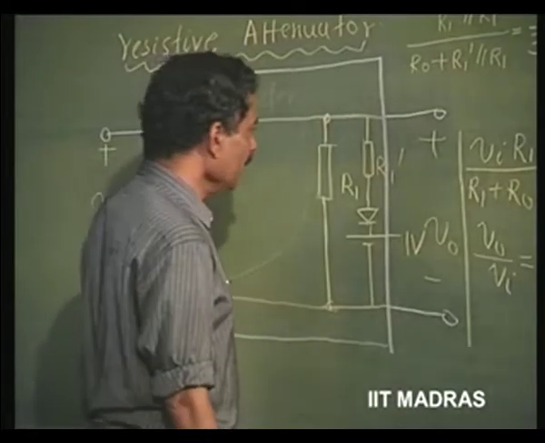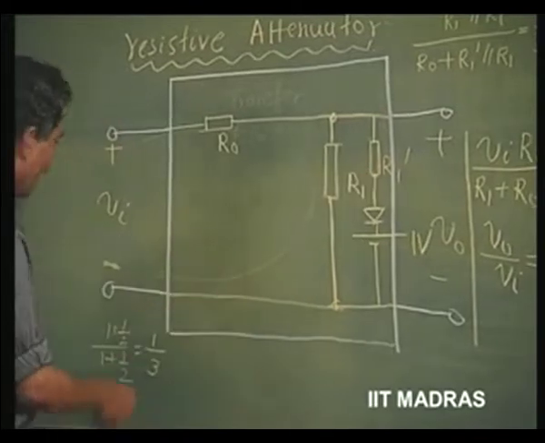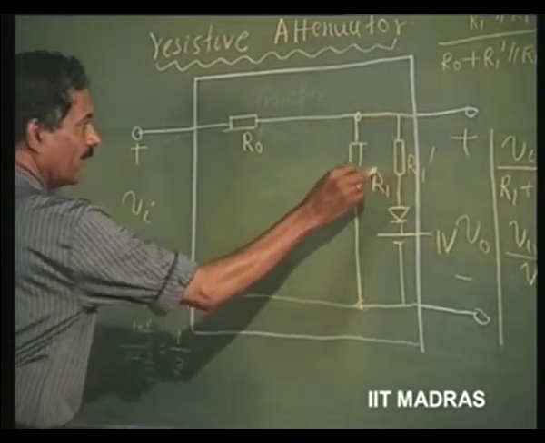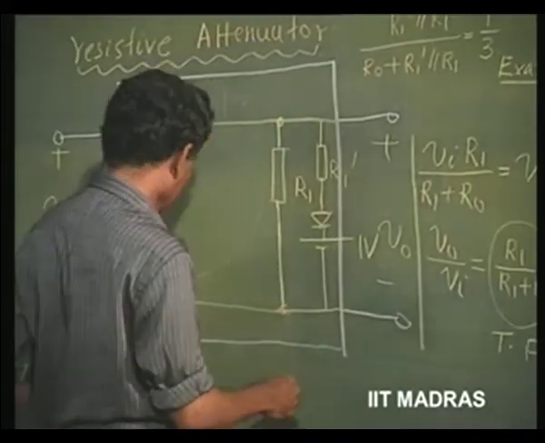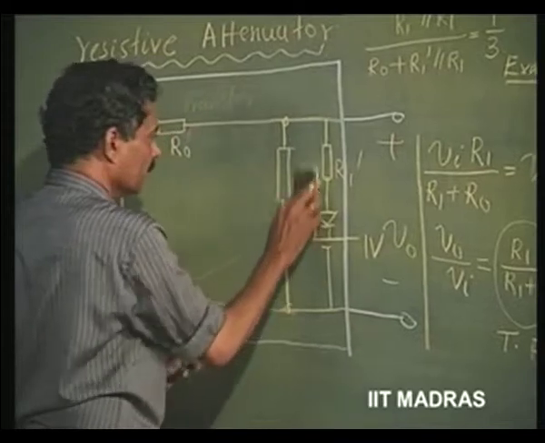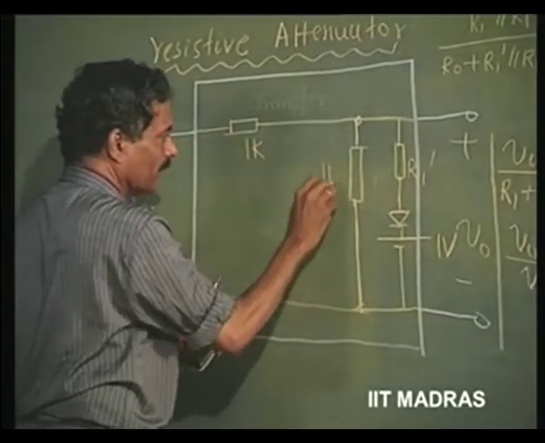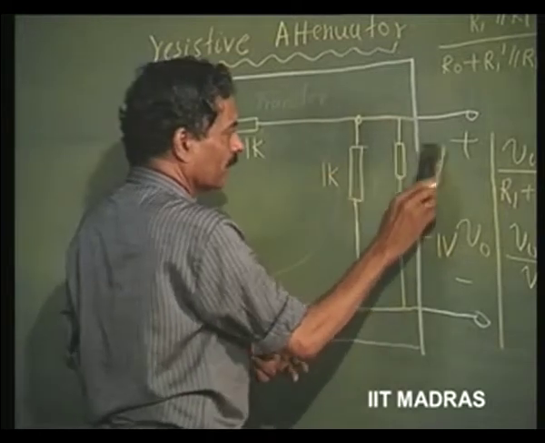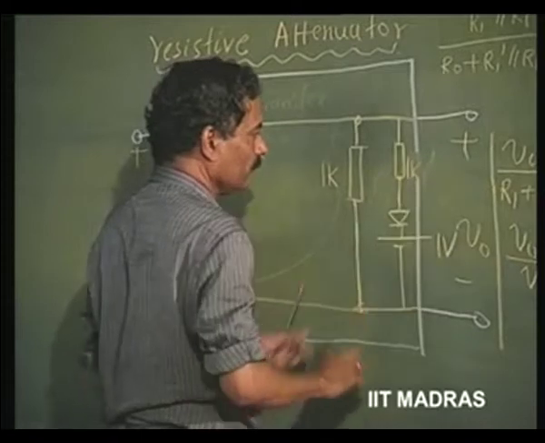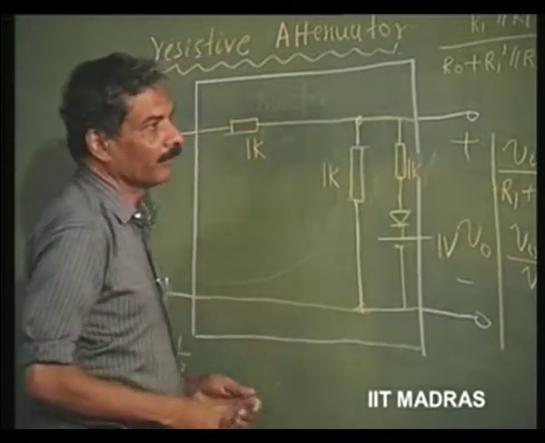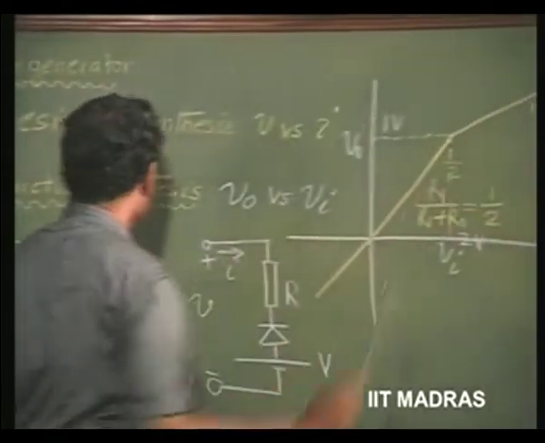So, I should bring in another resistance here, 1 k, so that the parallel combination of these two, 1 k and 1 k, becomes half a k. So automatically the slope is changing over to 1 by 3.